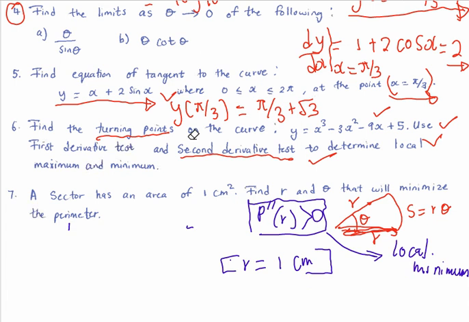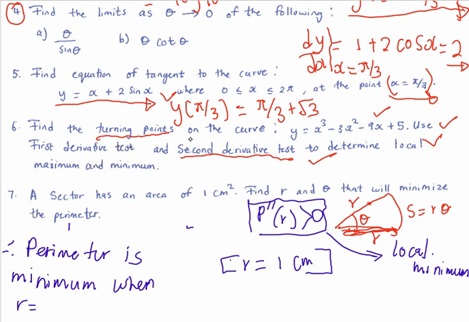So we will say that therefore the perimeter is minimum when r is equals to 1.